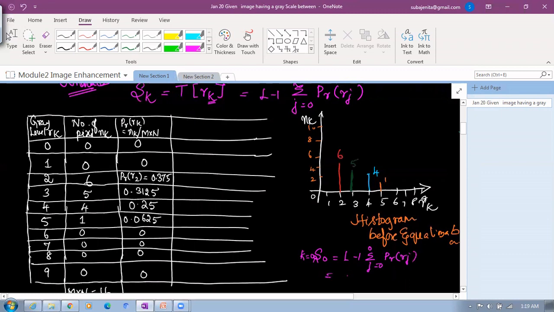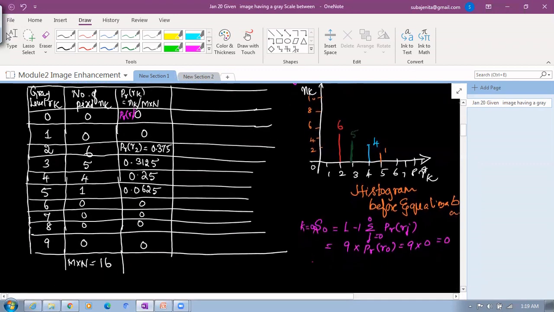We know that L minus 1 is 9 in this case. So 9 multiplied by PR of R0, the probability of occurrence of gray level 0, which in this case is 0. Hence S0 will be equal to 0.